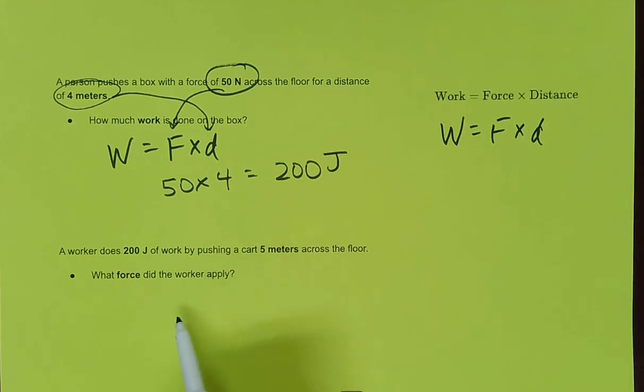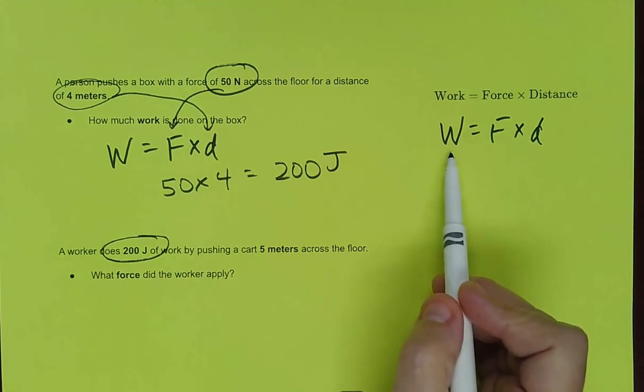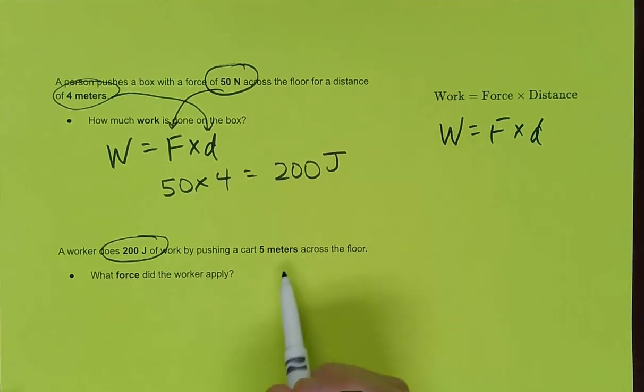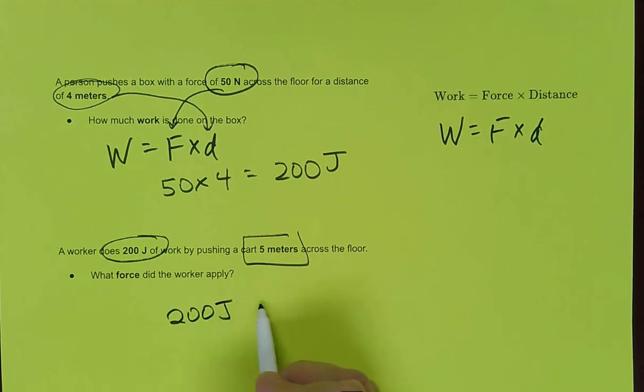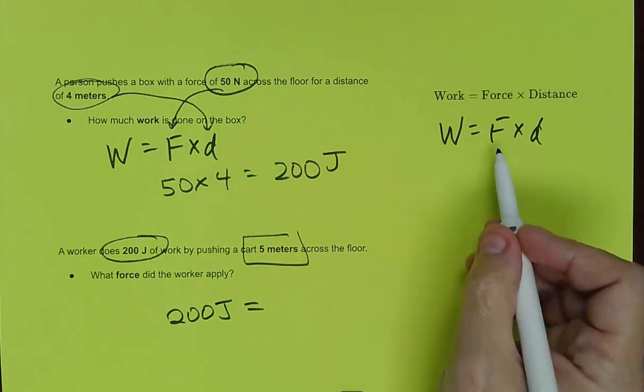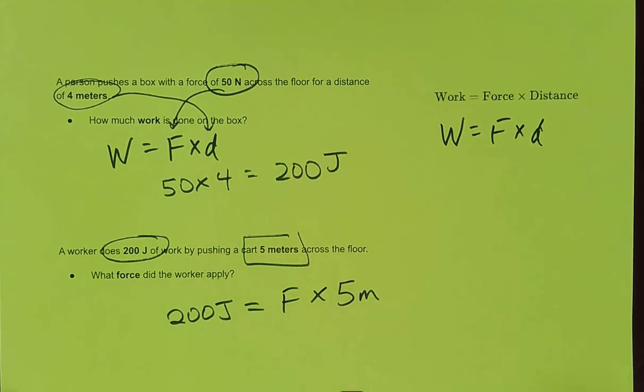Okay, this next one, here's one where we work backwards. 200 joules of energy, or joules of work. That goes in for my work side. And there's my distance. So 200 joules equals my force times 5 meters. So we're trying to figure out what number would go in here to multiply by 5 and give me 200.